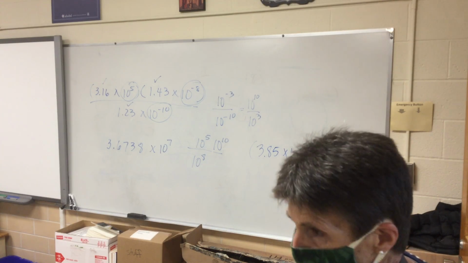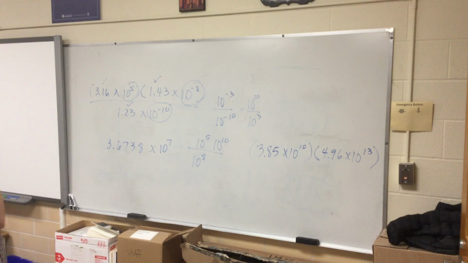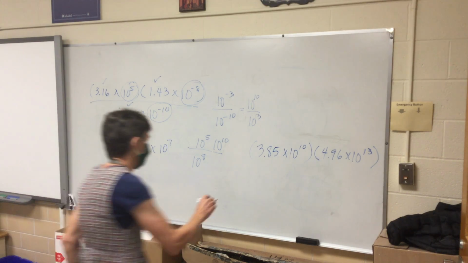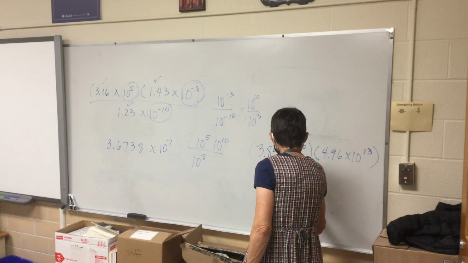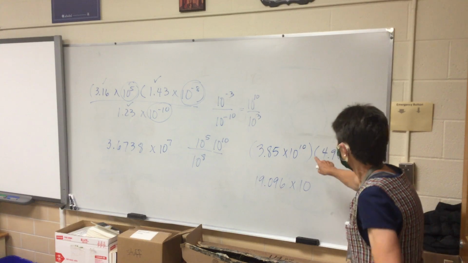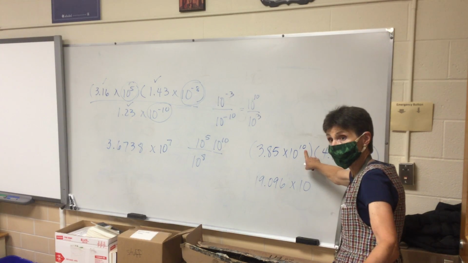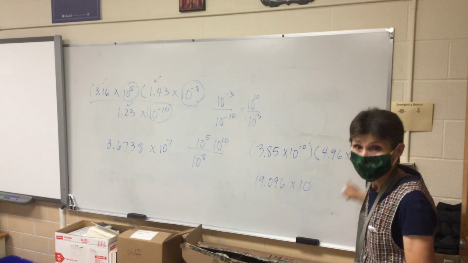Now, how did we do the last one? Let's do this one the same way. We're going to multiply the numbers. Okay, so you guys with calculators: 19.096. Now this is a little easier. We've got 10 tens and we've got 13 tens.